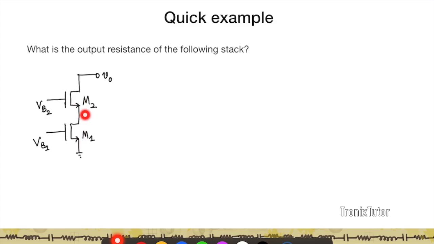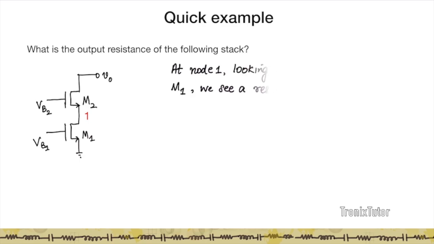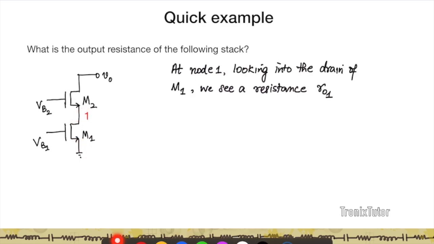So if I'm looking at the output resistance from the top node, I'm essentially going to see an impact due to RO1, and I'm looking at this RO1 through M2. So I expect to see a larger resistance. So how would you do this? At node 1, if I look down into M1, I'm going to see RO1. And now I'm looking at this RO1 through M2.